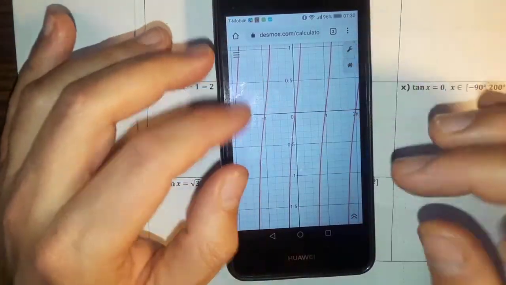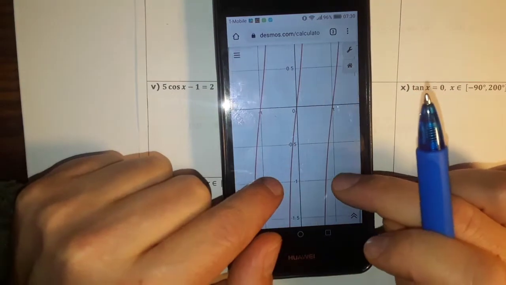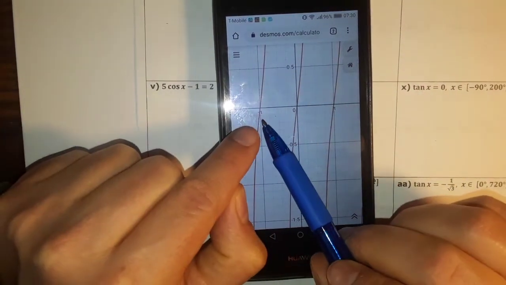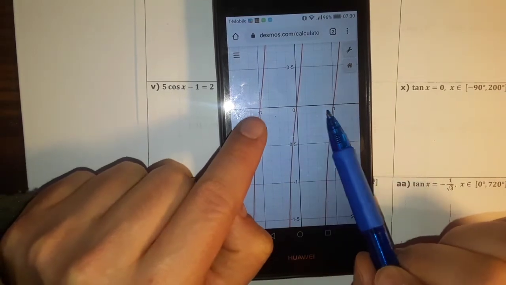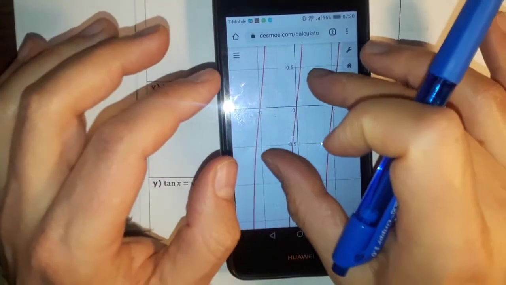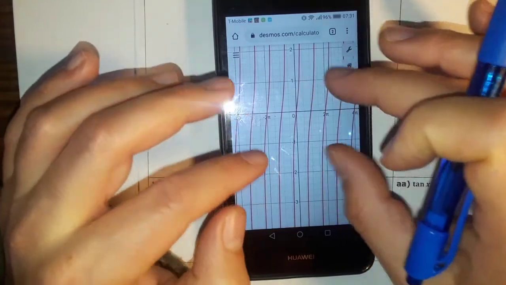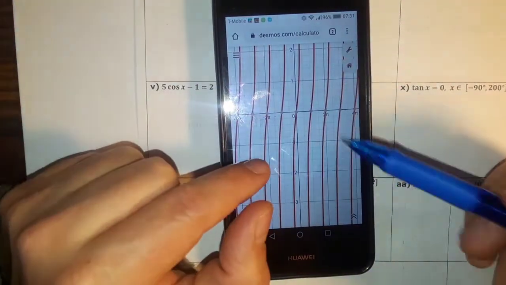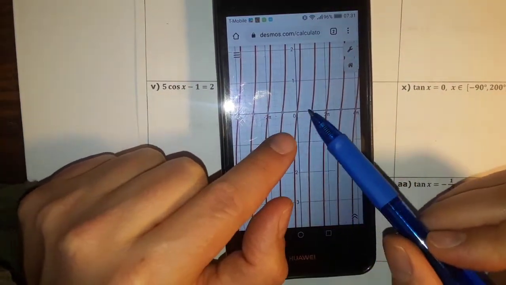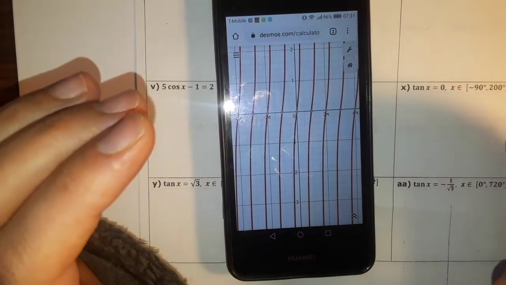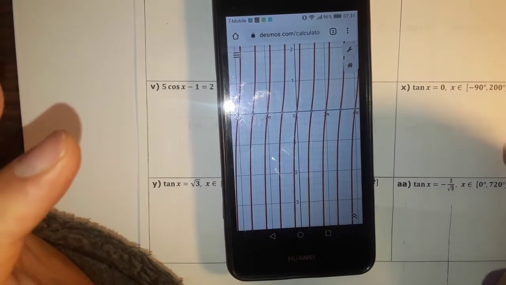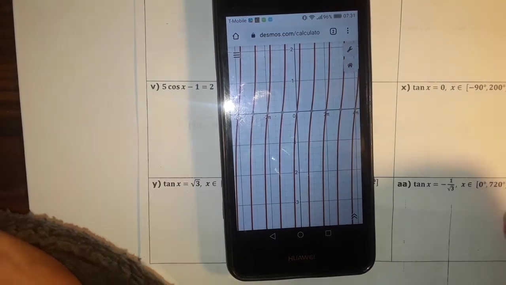But the most interesting part to look at is that it goes from negative pi to pi. That means that every pi, this is repeating. I'm not sure if you guys see it, but this is repeating every pi, which makes the solution of a tangent equation the easiest one of all trig functions.